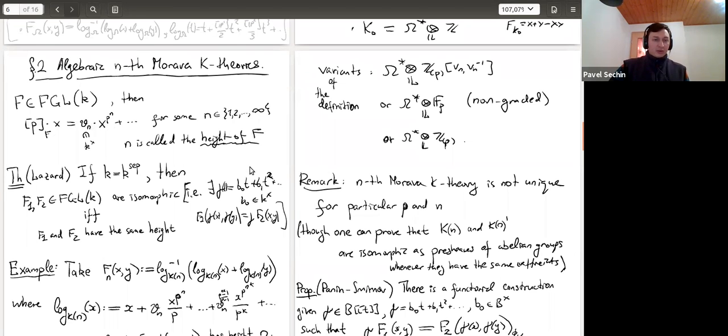And an interesting theorem of Lazard tells us that over an algebraically closed field or a separably closed field of characteristic p, two formal group laws are isomorphic if and only if they have the same height. Well, what does it mean for two formal group laws to be isomorphic?